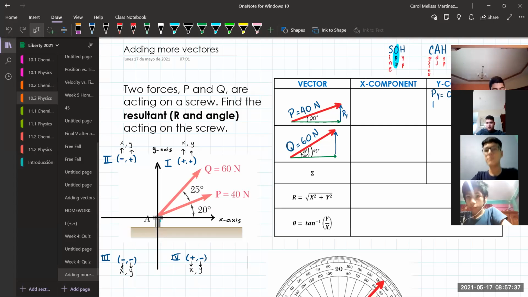So Py is going to be equal to 40 Newton times sine of the angle, which is 20 degrees.